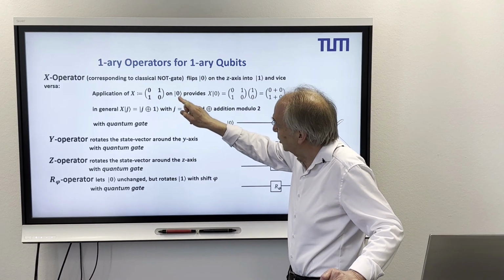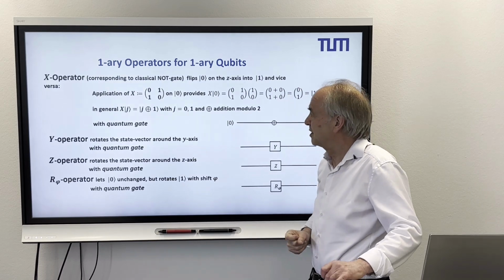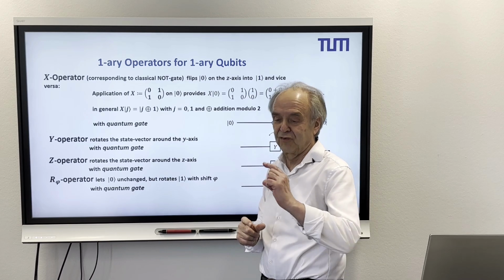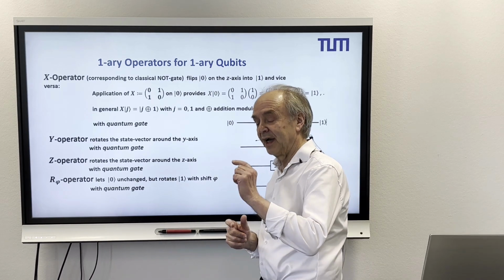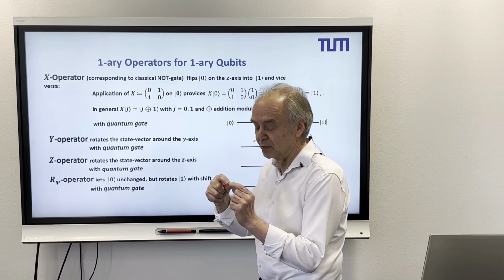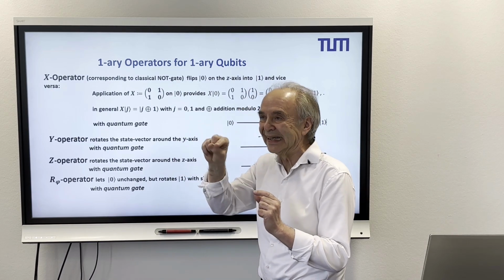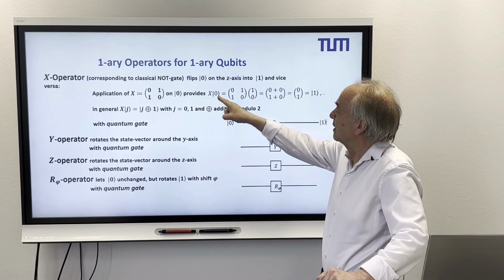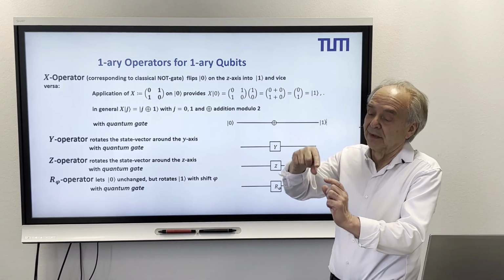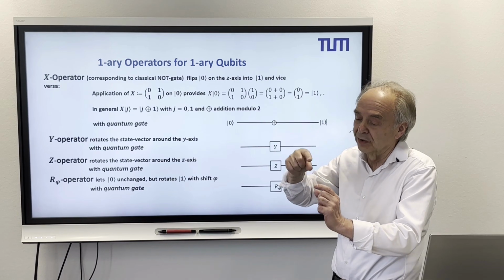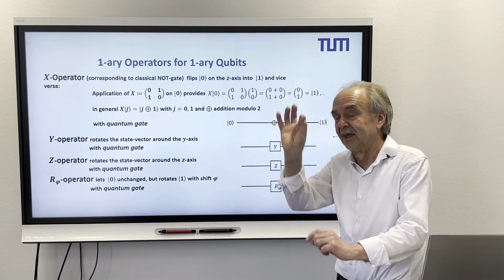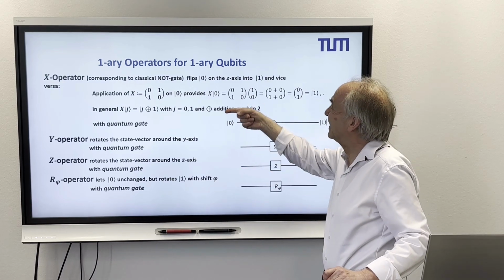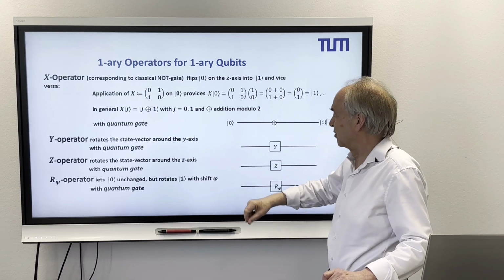A quantum bit with the value 0 means that the two values, 0 and 1, are distributed in one quantum bit, and that leads to a representation in a two-dimensional vector space.